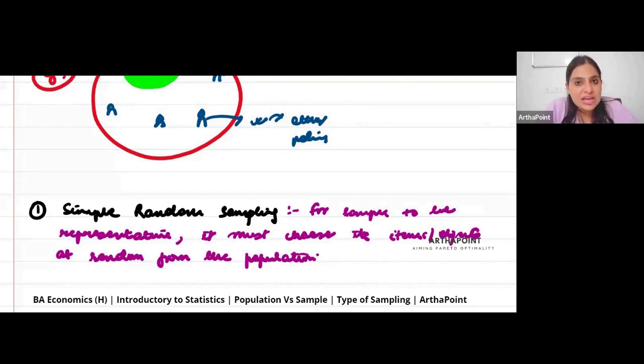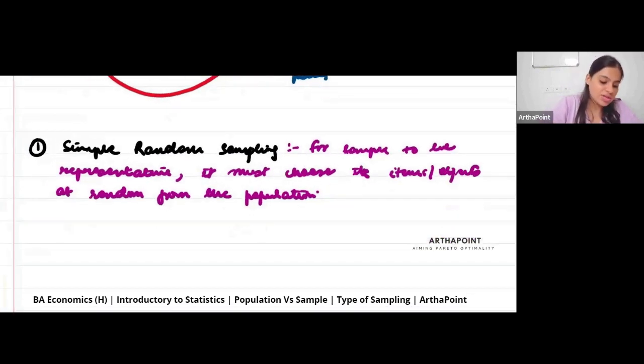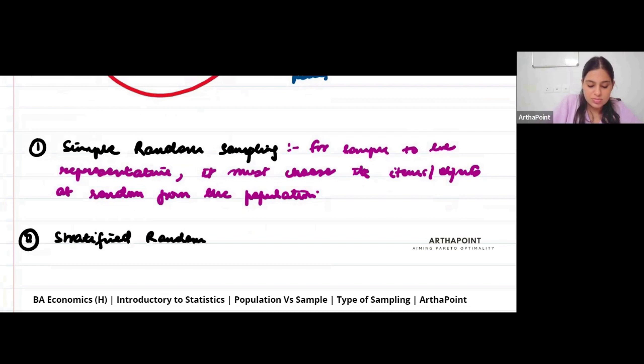Now, a very similar random sampling concept with a little change is known as stratified random sampling. This is also done randomly.